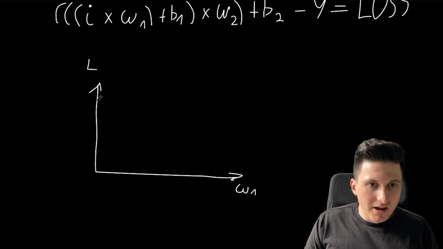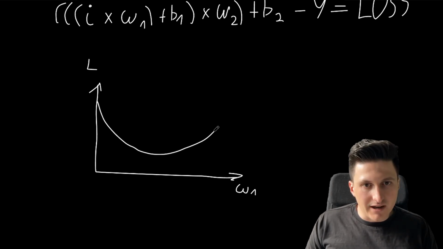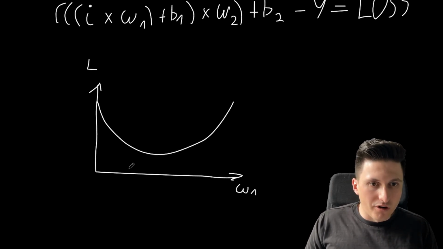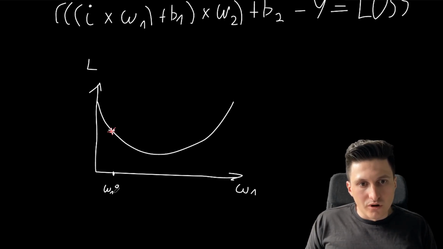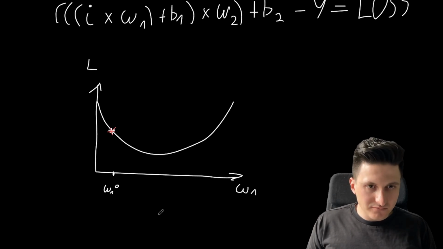But anyway, the loss might look something like this, and our first version of W1, let's call it W1_0, might be something around here. As you can see, to make the loss decrease, we need to move W1 all the way until we minimize the loss function.